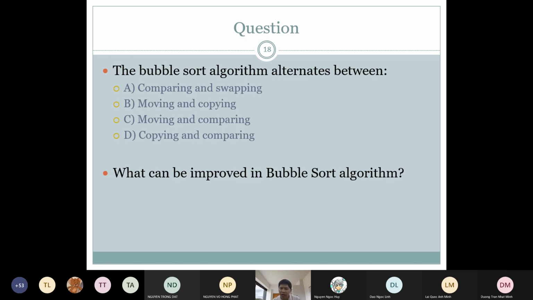In your case, your suggestion is good. If the array is sorted, we can stop earlier. But in general, is there any other thing that we can improve?